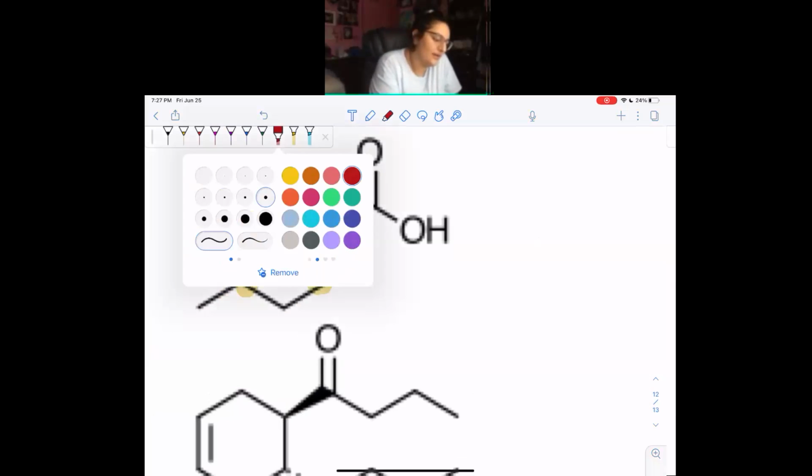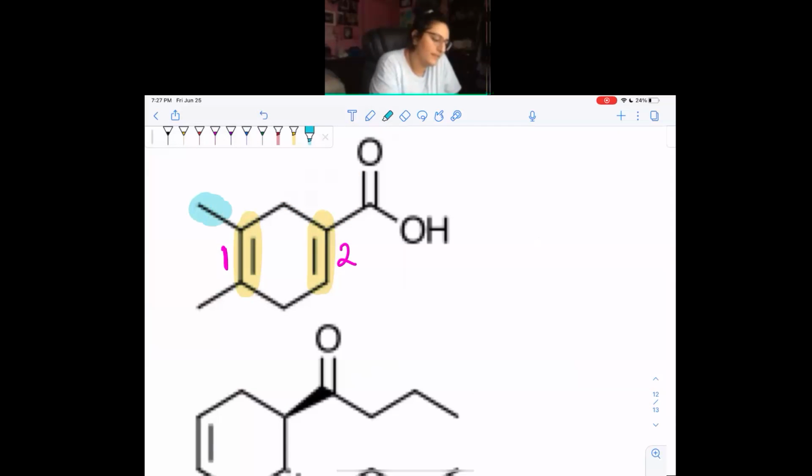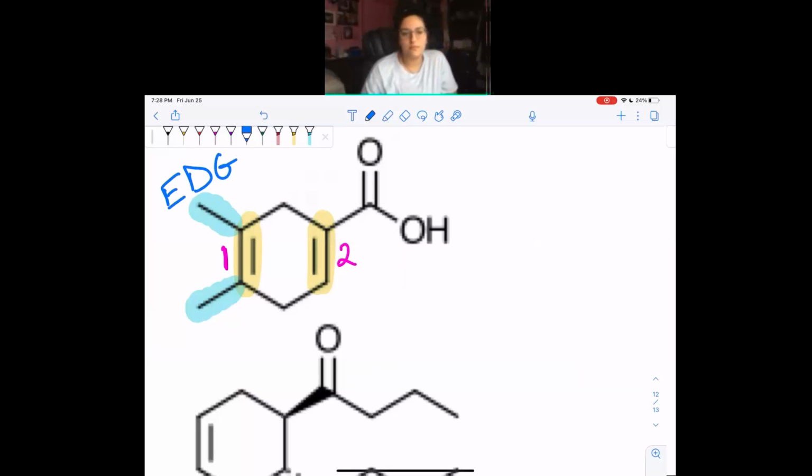So if we have a methyl and a methyl, we're going to be pretty confident, or first of all, in case you don't know, a methyl is an R group, and an R group is an electron donating group. And we know that the diene wants electron donating groups. So we can be pretty sure that double bond number 1 is the diene.